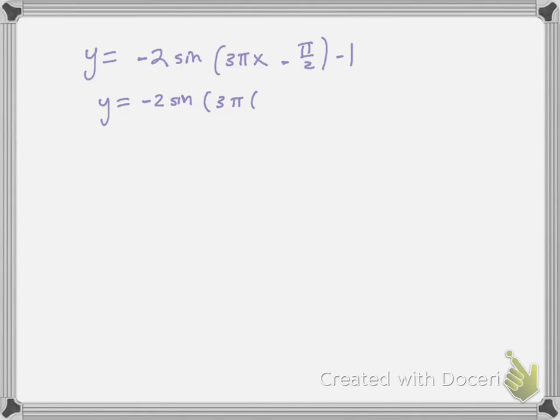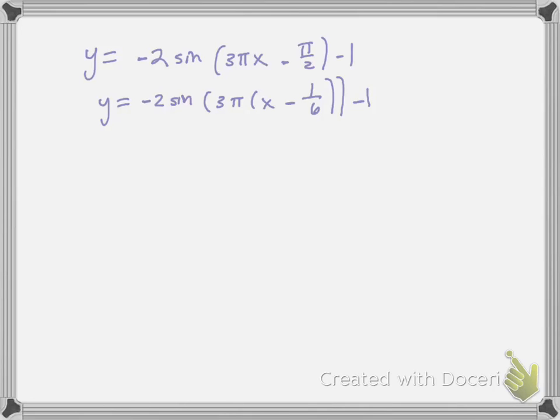The transformation that we have is y equals negative 2 sine of 3 pi x minus pi over 2, minus 1. So I'm going to rewrite that as y equals negative 2 sine of 3 pi times x minus 1/6, minus 1.